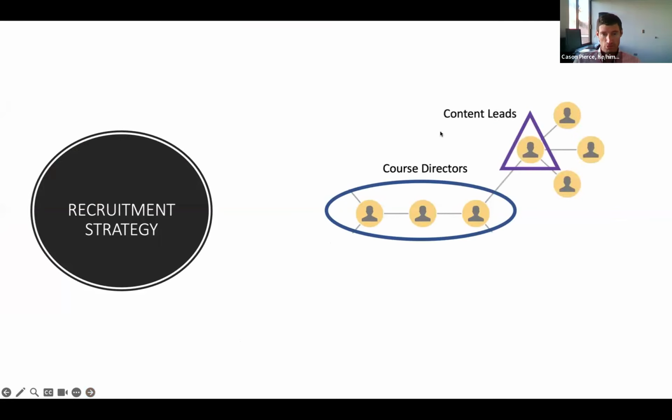We have faculty that we identify as content leads. So for us, what that means is we need to teach a session on pain management to all of our subspecialties. So we have specific faculty within the institution who have expertise in that area. Their role is to help develop the content related to pain management or SIM content or ultrasound content.